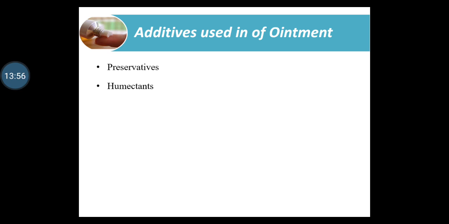Examples are glycerin, propylene glycol, sorbitol, etc. Then you can add the perfumes also to incorporate the pleasant odor to the preparation, for example, rose oil, etc. Antioxidants are also added to such preparations or ointments to prevent the oxidative decomposition of the product. Chelating agents are also added to prevent catalytic oxidative degradation by trace elements.